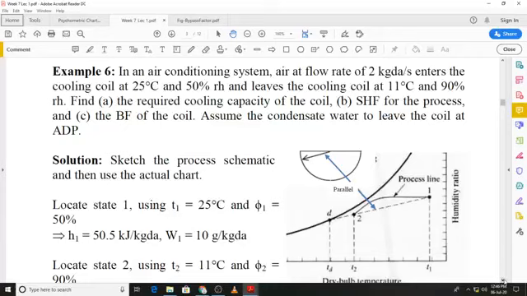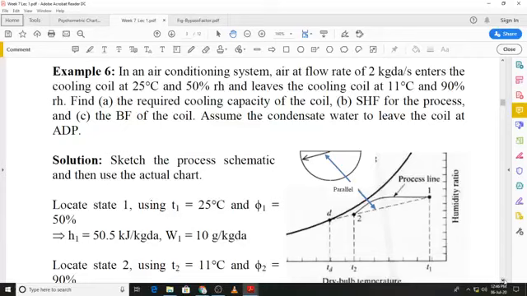Because the dry bulb temperature and relative humidity of the air are given, we can easily locate state 1, and similarly we can locate state 2 using the dry bulb temperature and relative humidity. So that is straightforward.